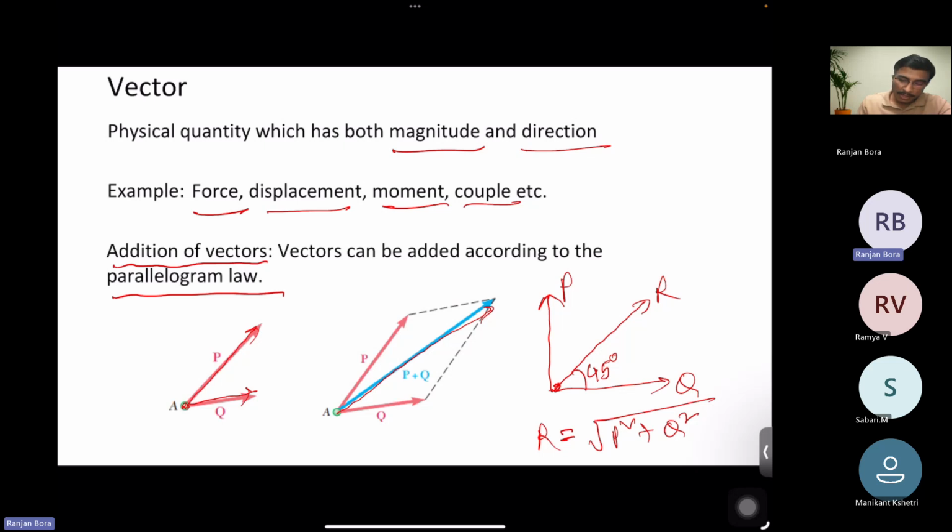This condition is for when the forces are at an angle of 90 degrees. When the forces are at an angle of theta, we have another formula which I will explain in my next class and in later classes. So this is a simple case in which we can apply this formula for evaluating the resultant of two vectors acting at a single point.